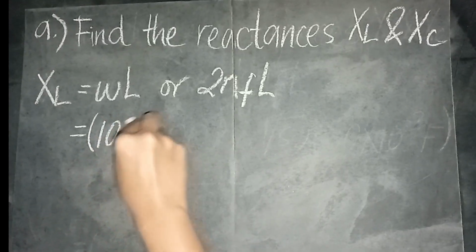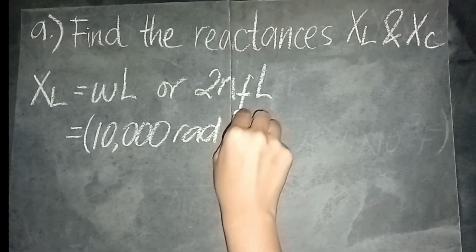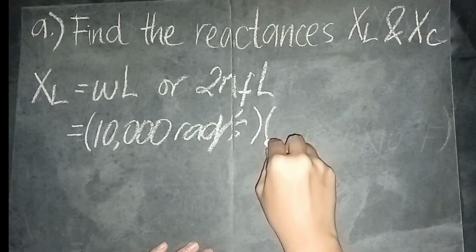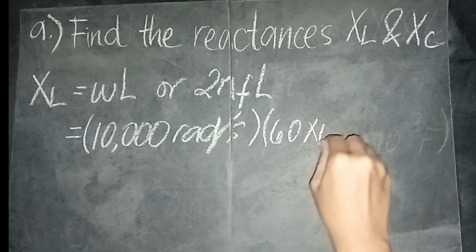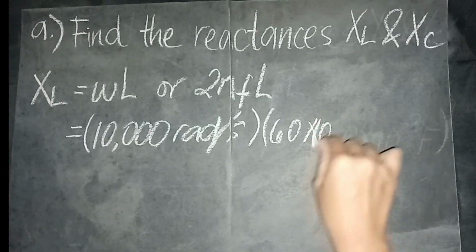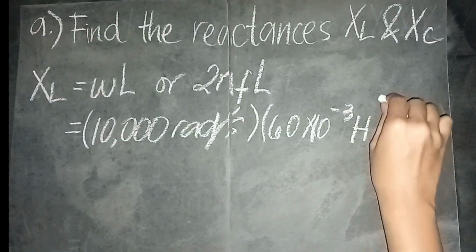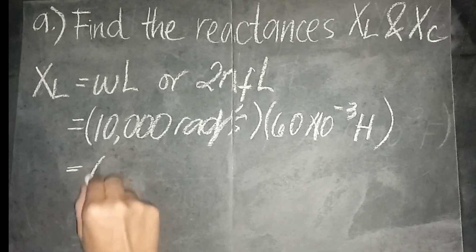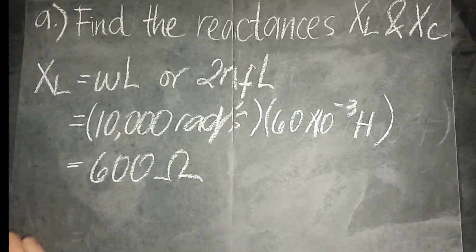W is equal to 10,000 rad per second, and L is equal to 60 millihenry, or 60 times 10 to the negative 3 H, and XL equals 600 ohms.